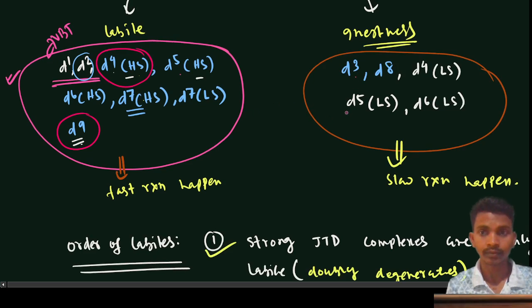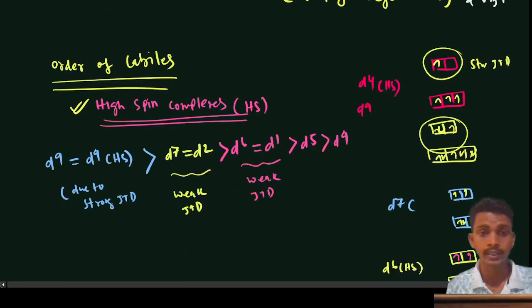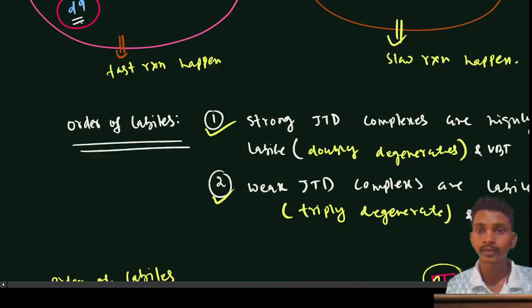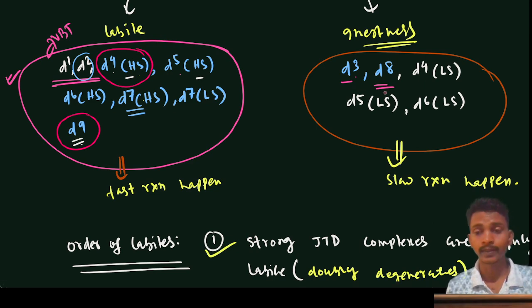Then this D3 and D8. For inertness, these are the low spins, so we will not take them because we are taking only high spin complexes. Experimentally it is found that D3 and D8 are low spin. These are for inertness. Here I have not written low spin or high spin, so these will come both in inert low spins and high spins.